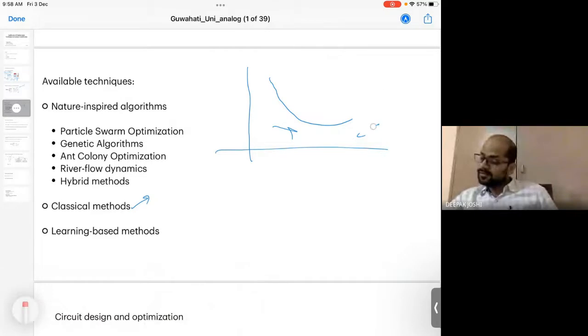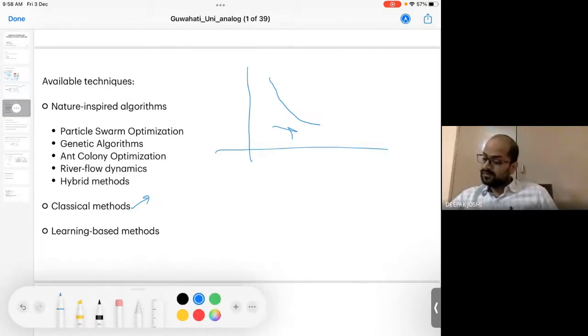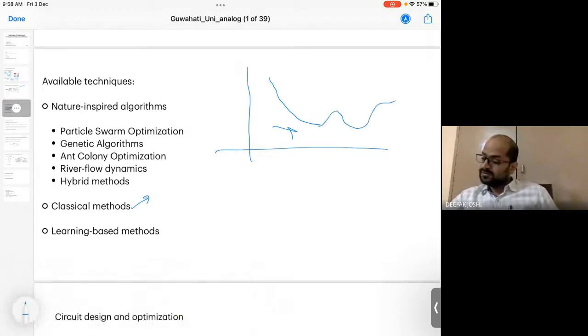instead of a convex design, we have non-convex circuits. Let us say this type of cost function is there. What happens is that the optimization algorithm can get trapped in these local optimal solutions.